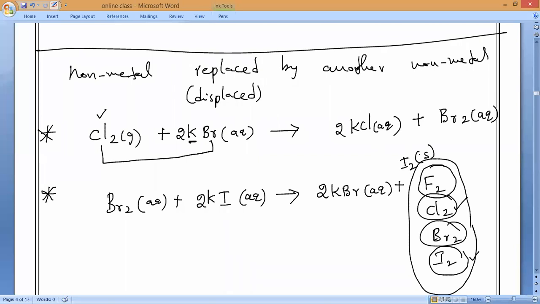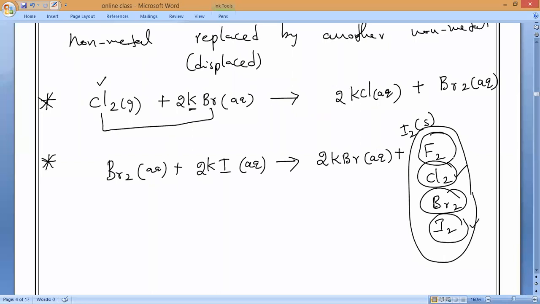Clear, everyone? Have you noticed, guys? Whenever I am writing chlorine, bromine, iodine individually, I am writing 2. Why am I writing 2? Because they are diatomic molecules. So that is why I am writing in I2 format.